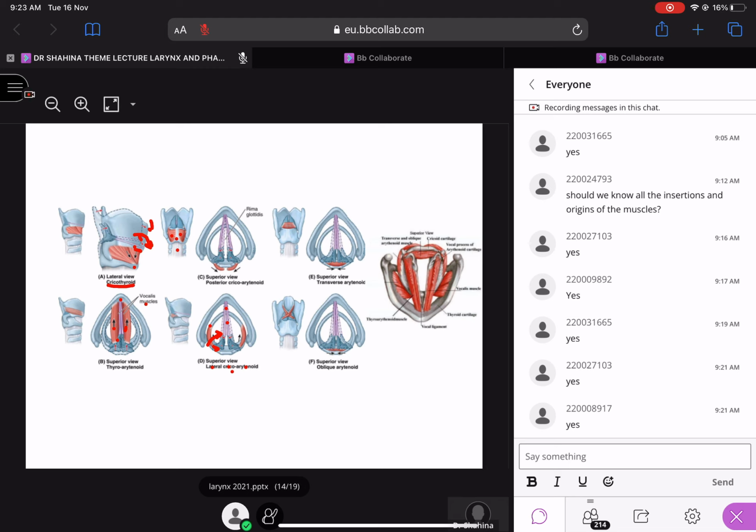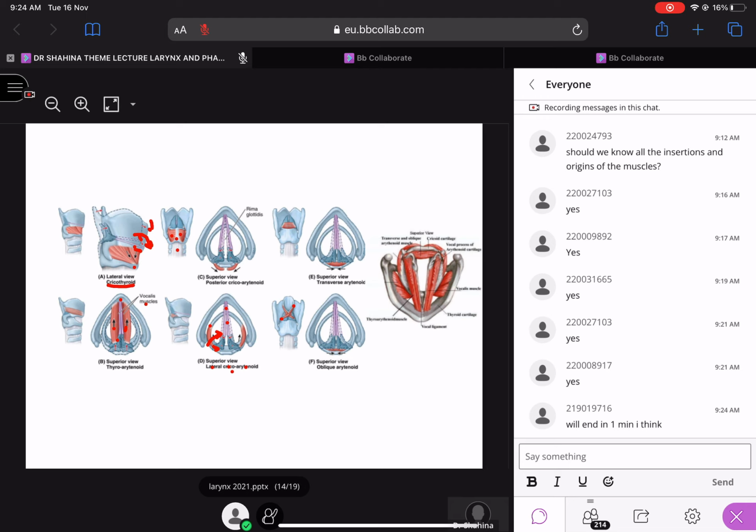Now see, this is the oblique arytenoid, and this continues here as the thyroepiglotticus. So when they contract, what will happen? This will be pulled. So the thyroepiglotticus will open, whereas the one that will close is the oblique arytenoid, and this is the aryepiglottic going from above.